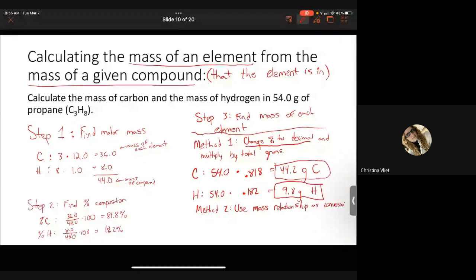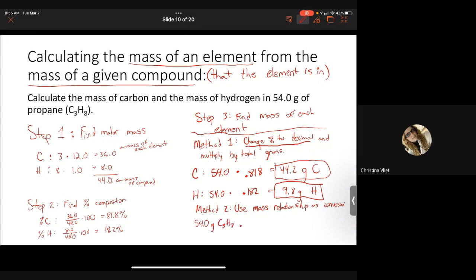The mass relationship. I know that 36 grams of carbon and 8 grams of hydrogen is 44 grams of the compound. That is a relationship. So to do that, our given amount would be 54 grams. Go ahead and write 54 grams of propane, C3H8.